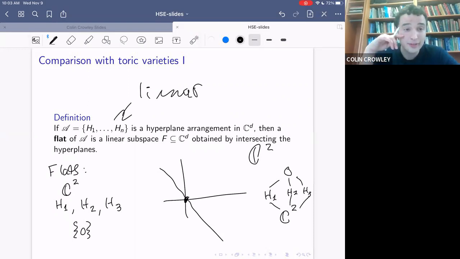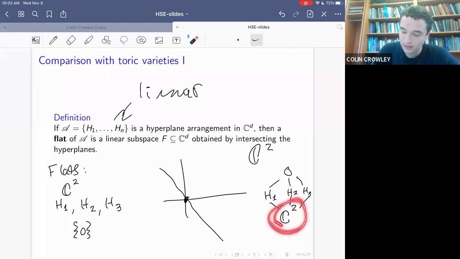What I do to identify the singular locus is I look at an element in this poset, for instance this one, and I look at how many elements cover it. Directly above, I count how many there are, and I compare it to the height from this one to the top. Here, the height from the bottom to the top is 2, but the number of elements that cover the bottom element is 3. And if this is ever different, then it's singular.